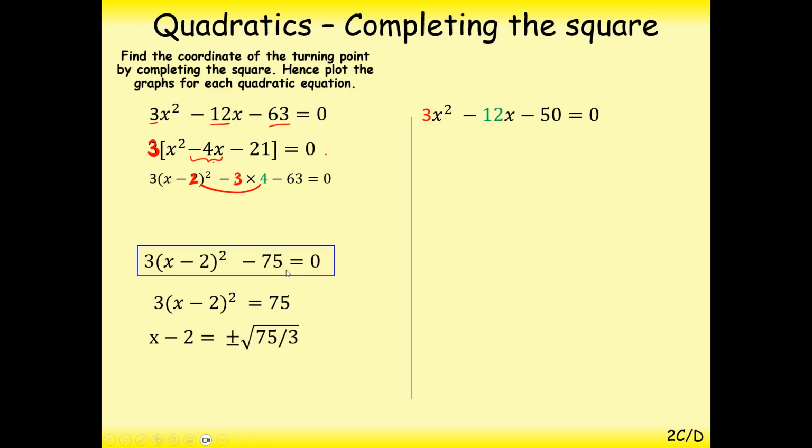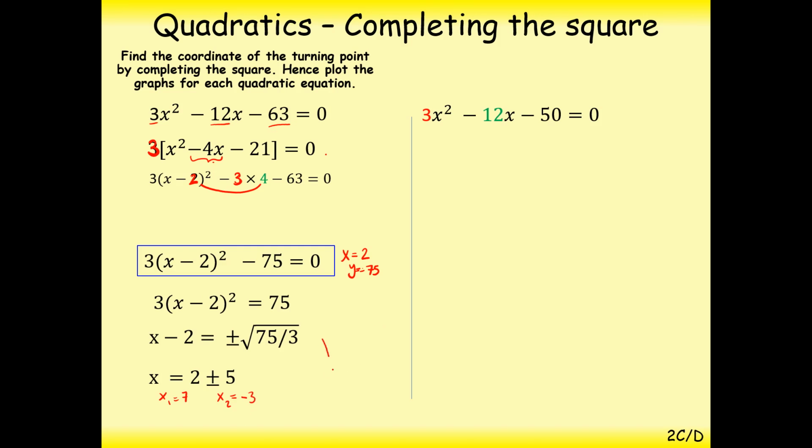So if you do have to solve it, don't forget that this blue box here will tell you the coordinate of the turning point is x equals 2 and y equals -75. And once you solve it, you end up with two answers. x1 is 7 and x2 is -3, because 2 minus 5 is -3.